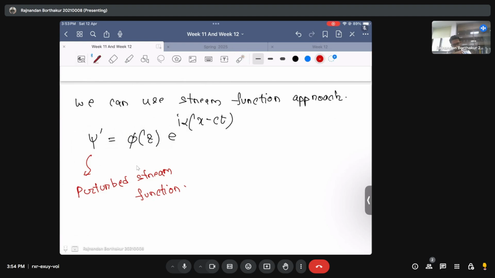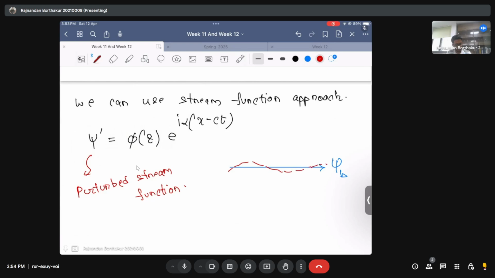I hope you can understand what the perturbed stream function essentially means. For instance, for the base flow, let's say the direction of streamlines is in this direction. Let's call it psi base. The perturbed stream function is what you get when the flow gets perturbed; psi prime would look something like this.